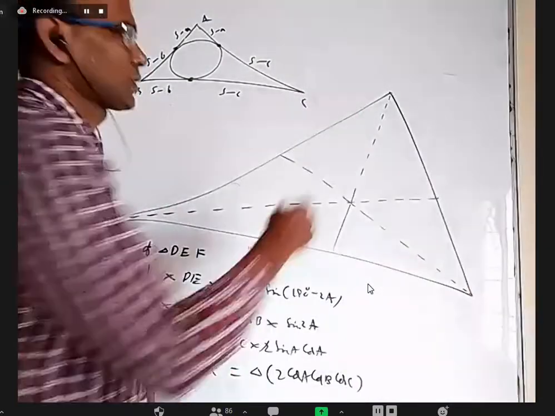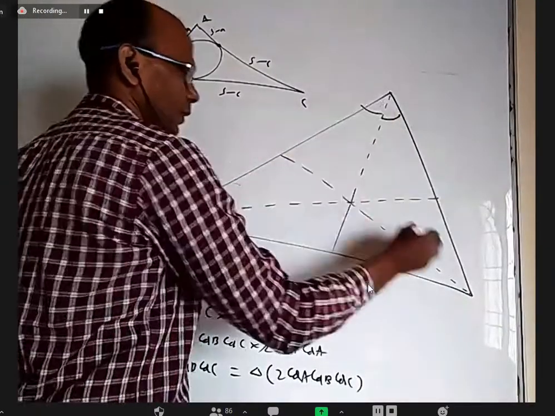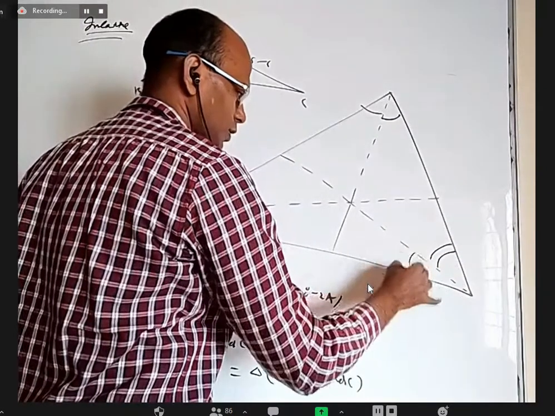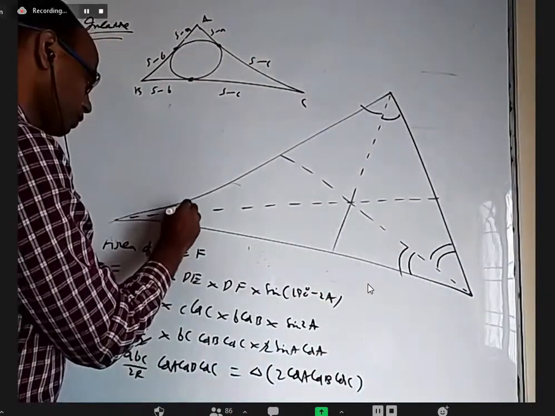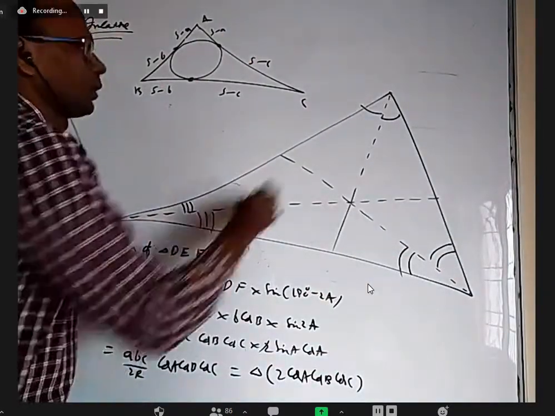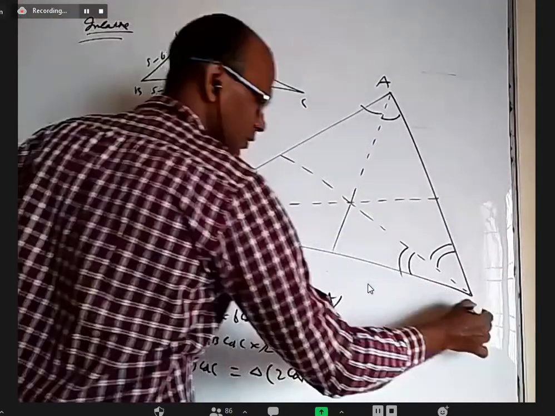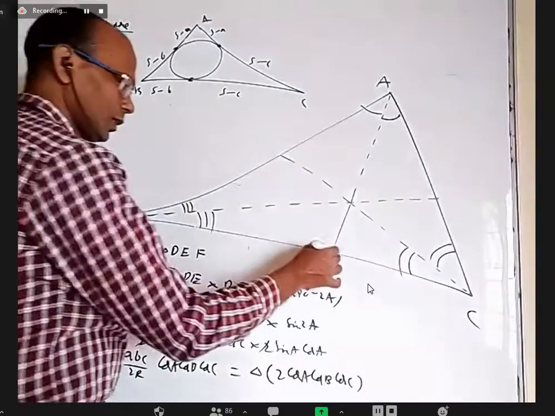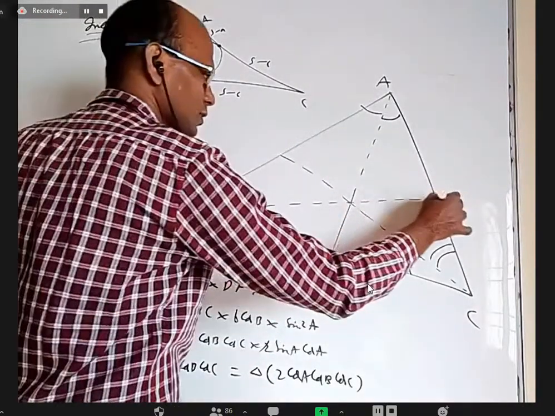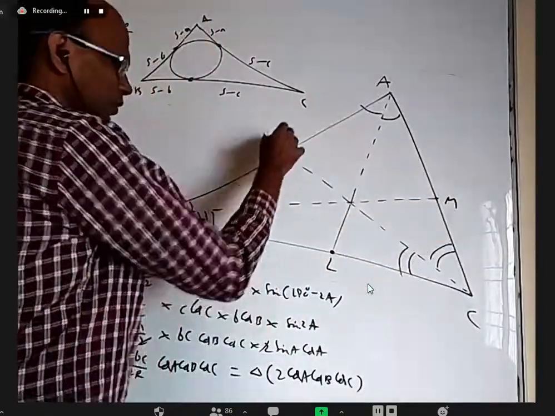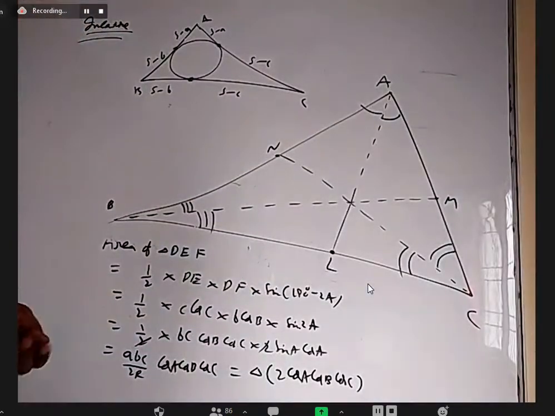This is only the angular bisector, so that these 2 angles are equal, these 2 angles are equal, these 2 angles are equal. That is, this is A, this is B, and this is C. Let us say this is some L, this is some M, this is some N. You can call them D, E, F also, not a big issue.